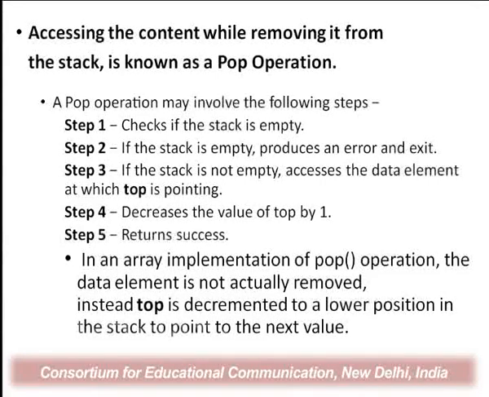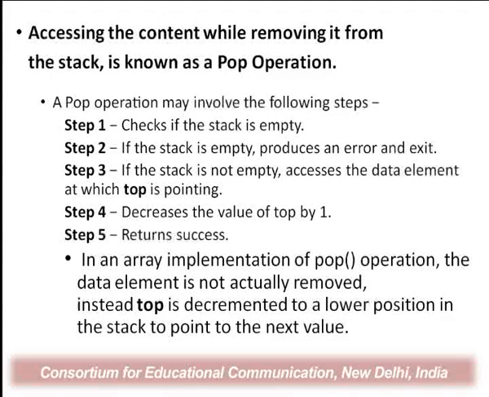This includes first checking whether the stack is empty or not. If a stack is empty, that means it does not have any element to be popped out. We need to signal an error, and that error is known as an underflow error. So, we need to check whether the stack is in the underflow condition. If yes, then we need to exit. If the stack is not in the underflow condition, that means it is not empty and has some elements.